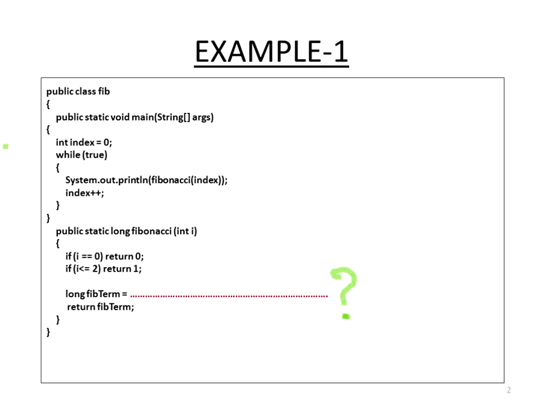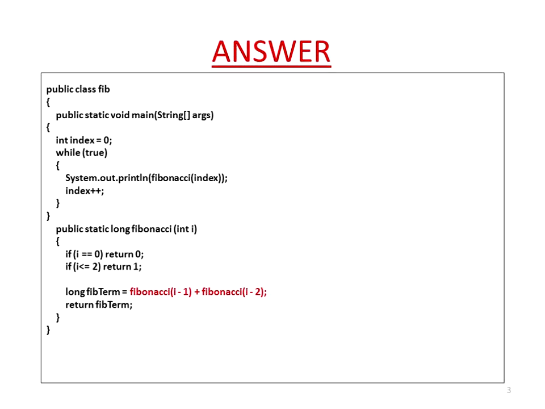Okay, see the correct equation that we will have. The correct equation is Fibonacci(i - 1) + Fibonacci(i - 2). This is because in order to get the Fibonacci series, we have to add the previous two numbers.